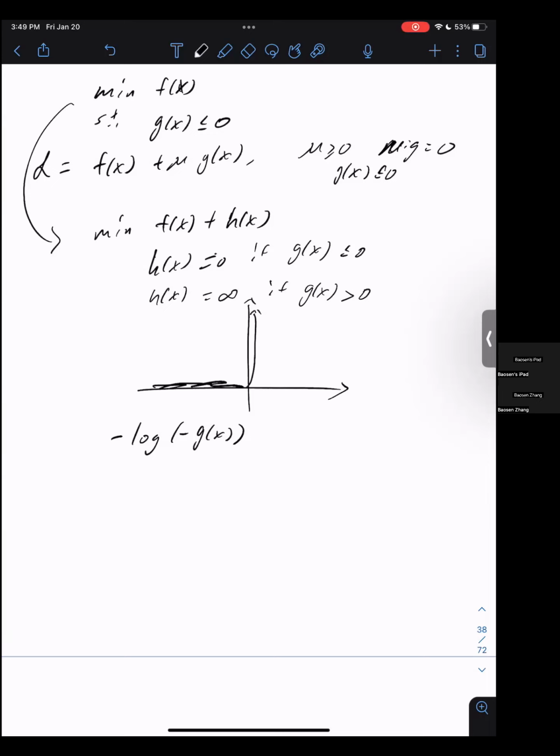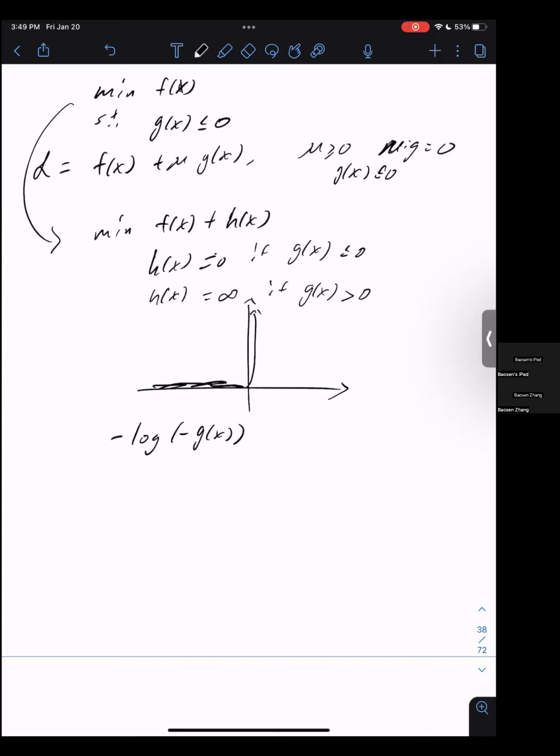So this function satisfies the condition that if the constraint is satisfied, if g of x is less than 0, minus g is positive, and the log of large positive numbers is very small. Log of 0 goes to infinity. So this is called a log barrier function. The word barrier comes from the fact that this is a barrier. You can't go through this. Okay?